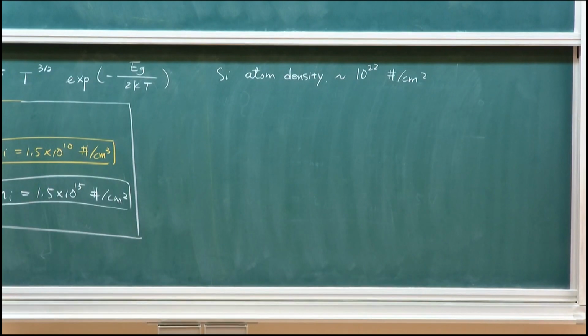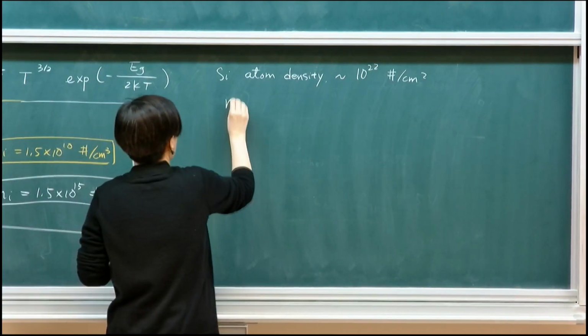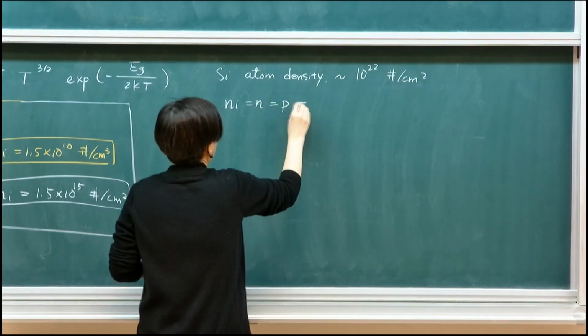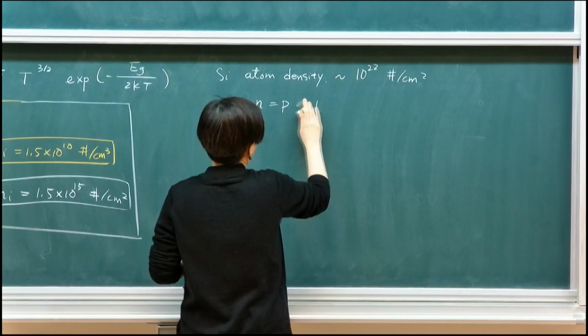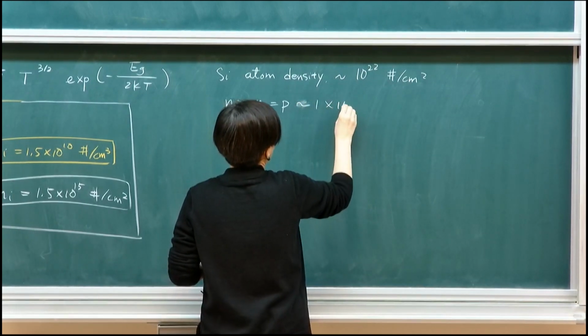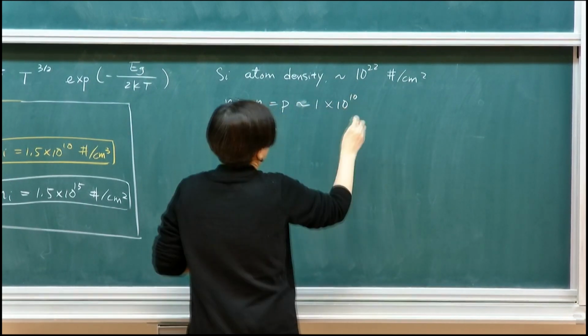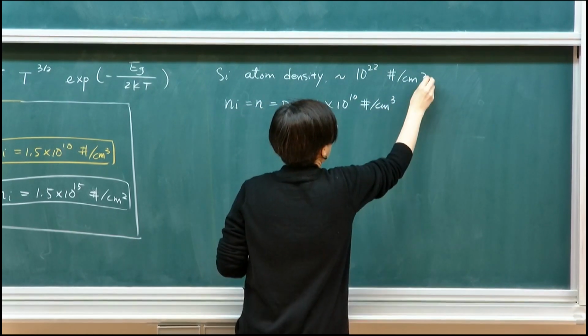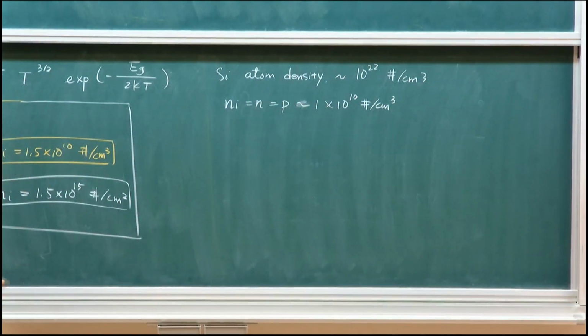Okay? So at room temperature, if your Ni equals N equals P, it is about, let's say, just about 1 times 10 to the 10th. Sorry, this is per cubic centimeter as well.